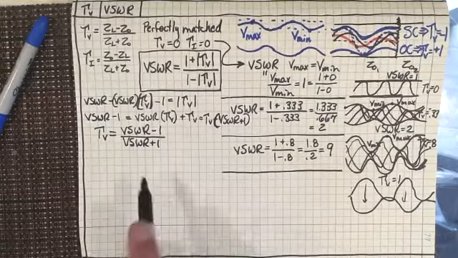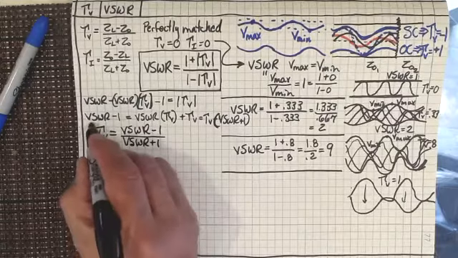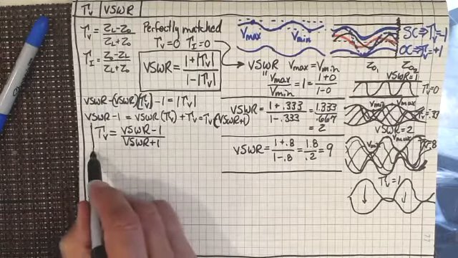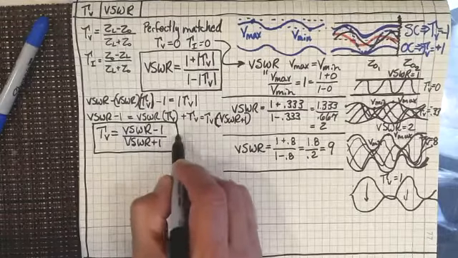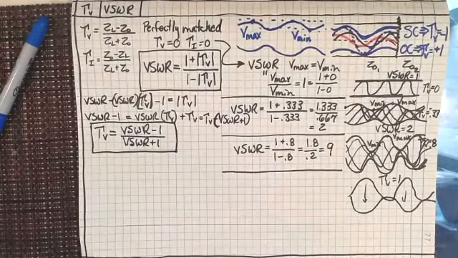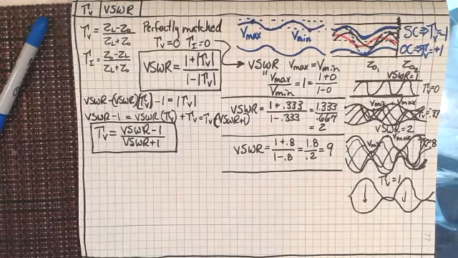Does everyone see how you can use a VSWR meter now to figure out what your voltage reflection is at the interface between your antenna and your delivery line, right? Your coax going into the antenna.